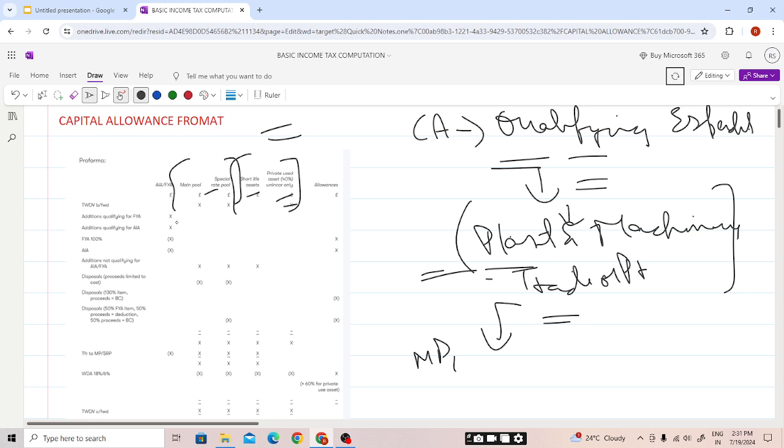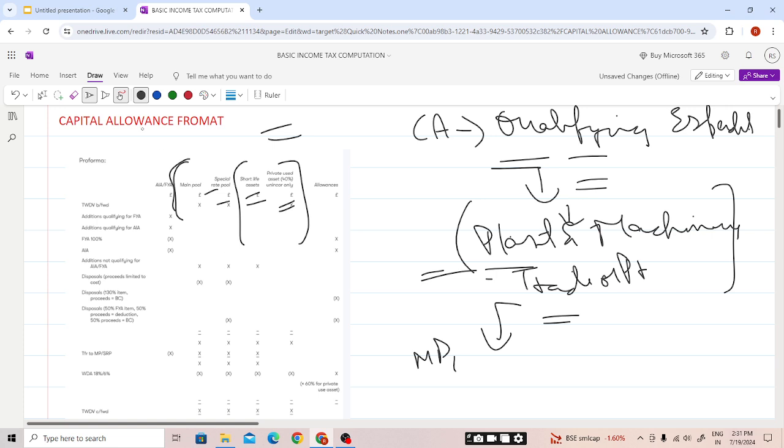These 2 we will also be studying, but these 2 pools are main. When coming to short life assets and private use assets, the assets included in these pools will also qualify for main pool and special rate pool, but they fall under some specific conditions. So we will be calculating the capital allowance for assets which are of short life and the assets which are privately used under a different column. I hope this is clear.